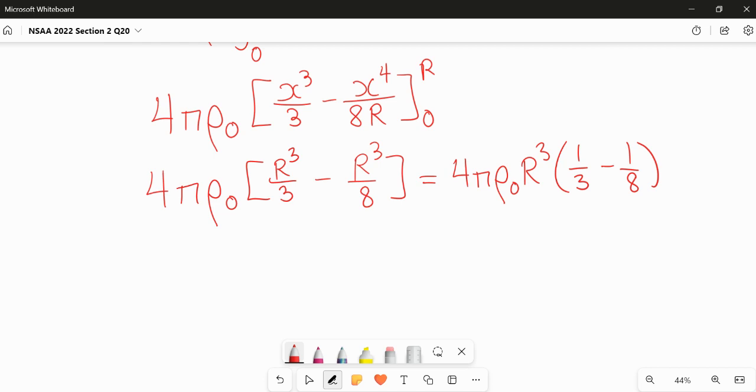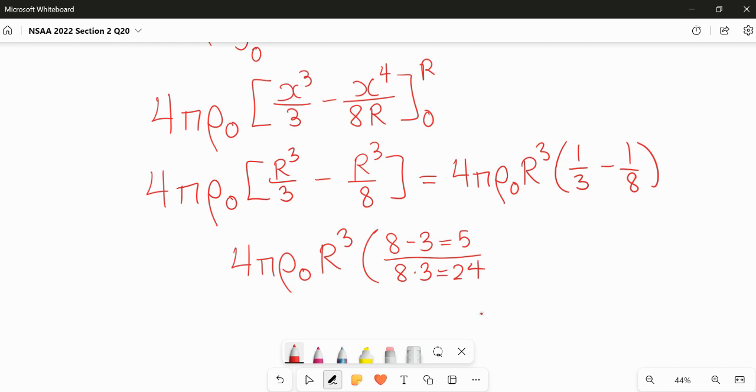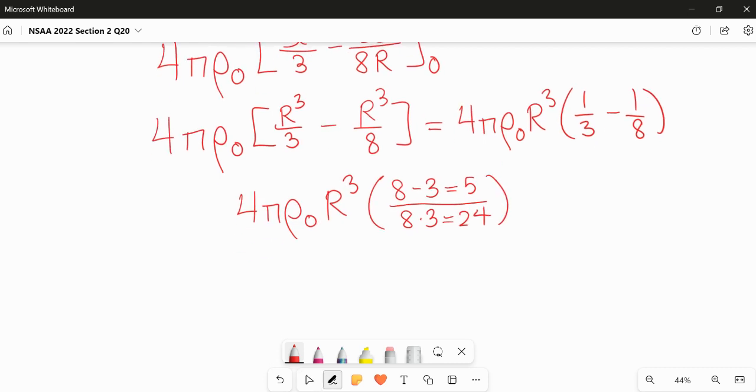Carrying on simplifying this expression, we would get 4 pi rho naught r cubed, then we have 8 minus 3 equals 5 over 8 times 3 equals 24. Now usually what a lot of students do is they'll multiply 4 by 5 and then simplify the expression, whereas for the NSAA and just general arithmetic, that is quite inefficient.